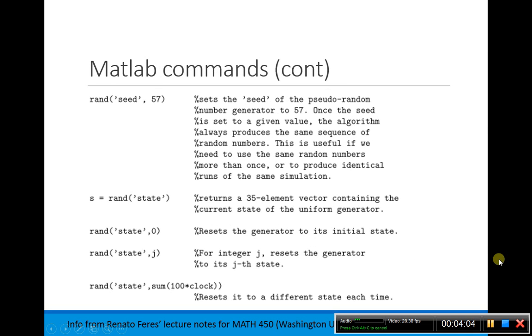Going back, examples of these can be found if you do doc rand in MATLAB. To learn more about this and see examples, go to MATLAB and look at the help topic or the document on this.